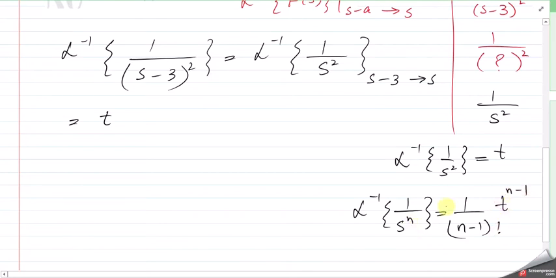Okay, so n is 2, so 2 minus 1 is 1, no need to write, so t power 1. So that is t.